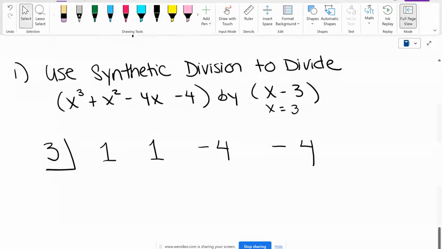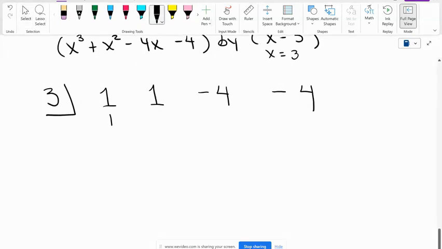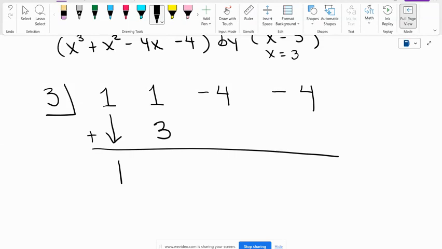Now, for the synthetic division, you're going to bring that first number down. Then you take the number that you brought down and multiply it by the number in the box. So 1 times 3 is 3. And now you add the column.